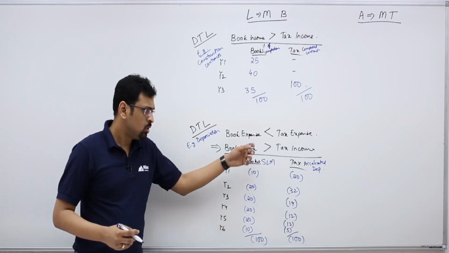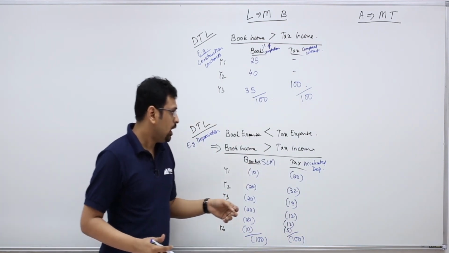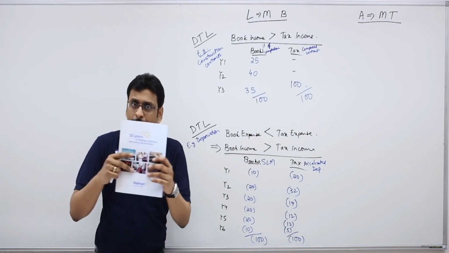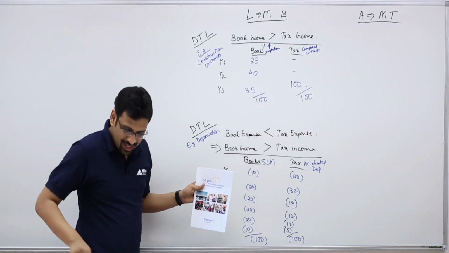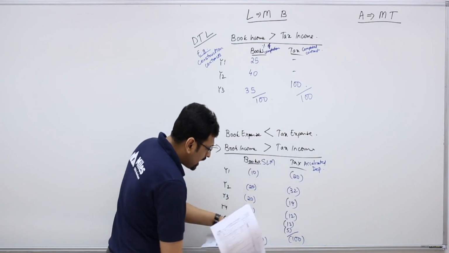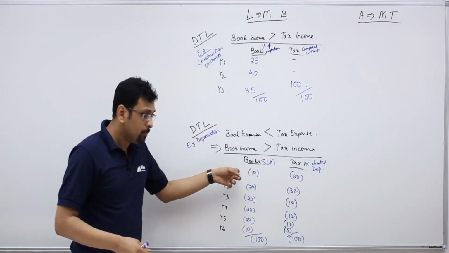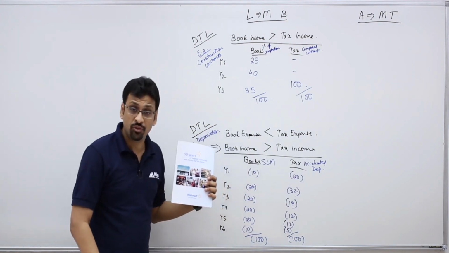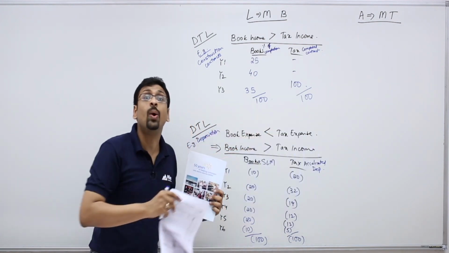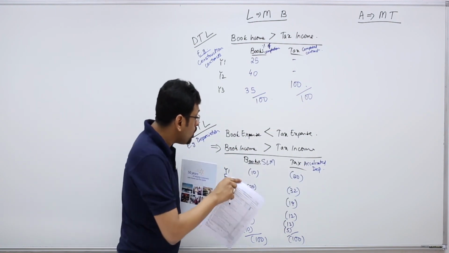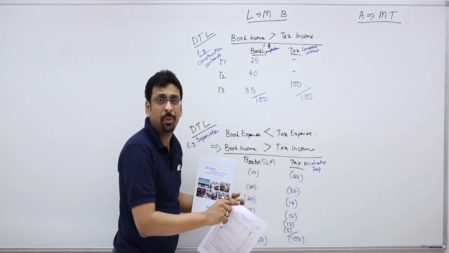Look at this. Over 6 years, on your GAAP books and on your tax returns, you got 100 of depreciation expense. But in year 1, on your books, you just had $10,000 of depreciation. On your tax returns, you had $20,000 of depreciation. So your book expense was less than your tax expense.